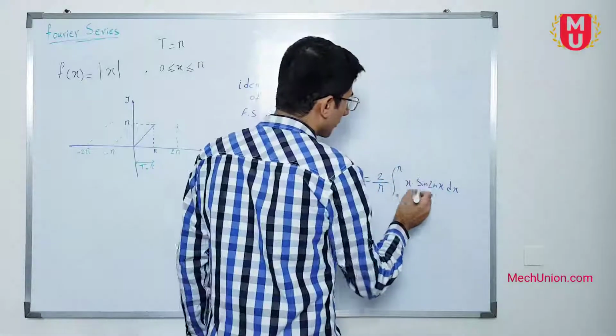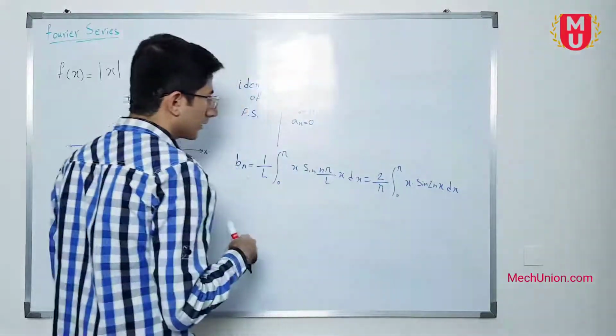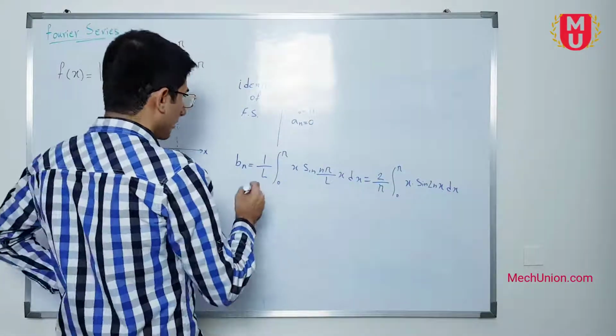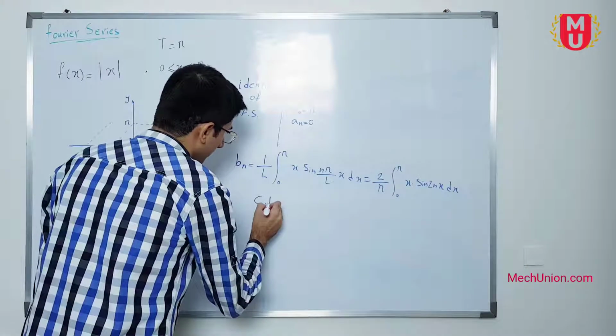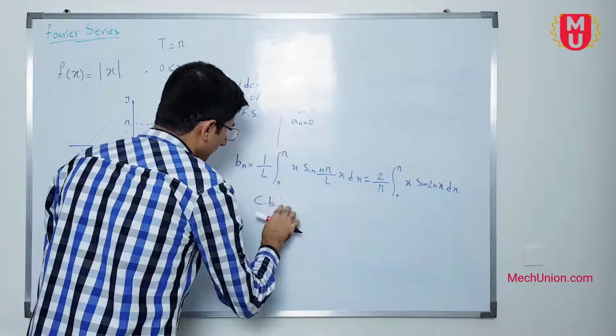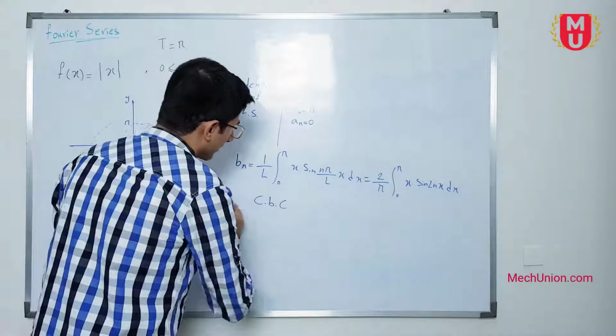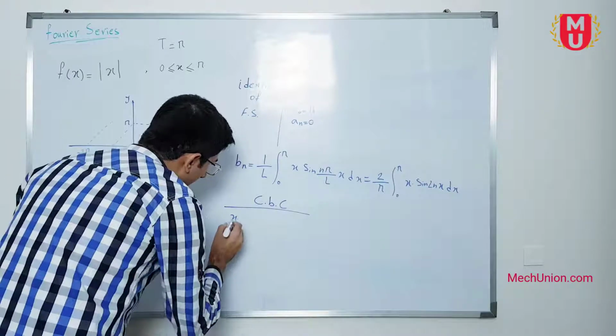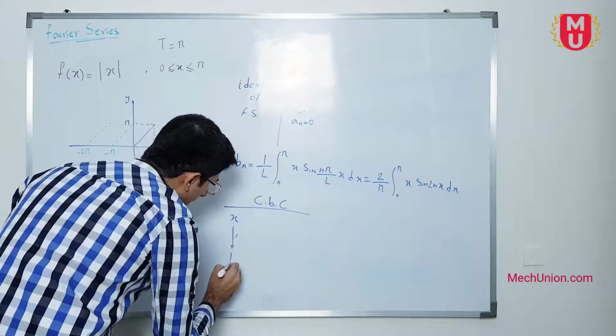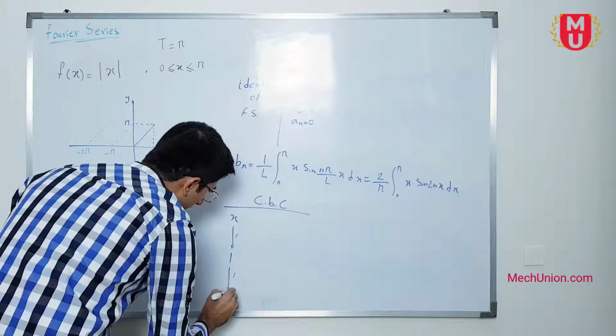Again, we have to use the integration by parts method in tabular form, which looks like this: D, I. X. Differentiation of x is 1, again 0.